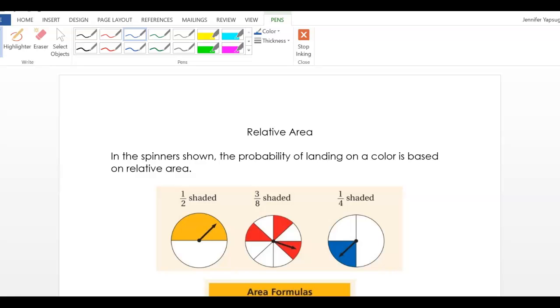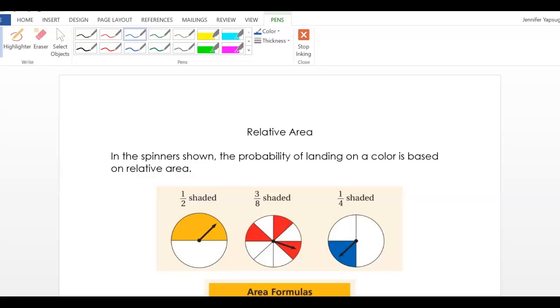Today we're going to be looking at figures that have a shaded region. An easy example is the three spinners you see on your notes. Looking at the one on the left, it is shaded half of the way, so the probability of the spinner landing on the gold or yellow area would be 1/2.